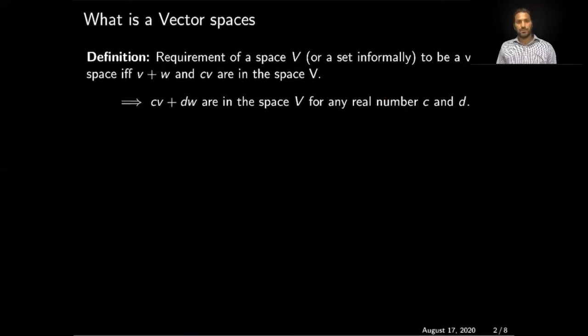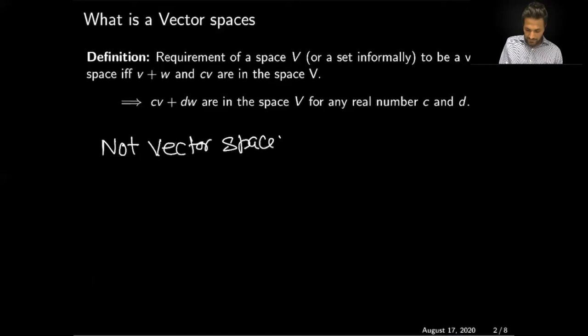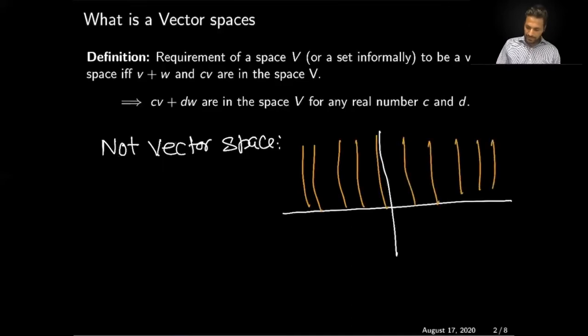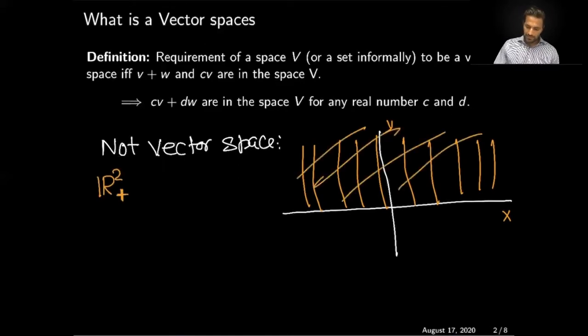Now let me give you two examples of spaces which are not vector spaces. One example is this: the space above the x-axis, which I'm going to denote by R2 plus. The plus means all the positive values of y. If I take that space, the very first property is, I think, satisfied.